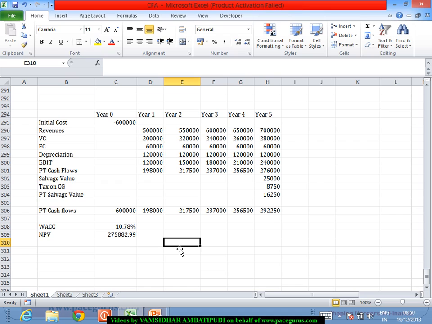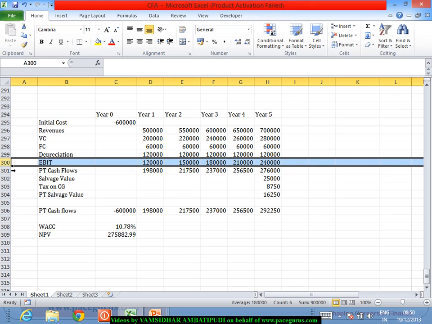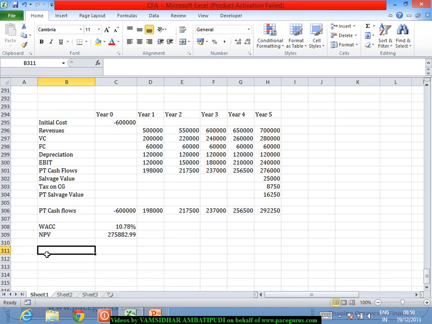Now from this, how do I compute the accounting income? If I have to compute the accounting income, straightforward, up to EBIT things are the same for each of the years.